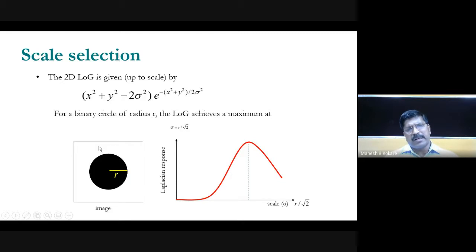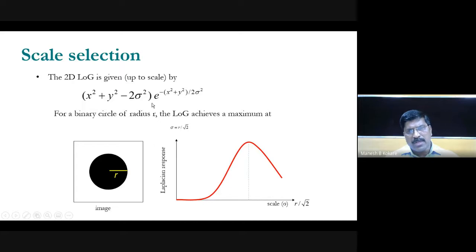The experiment was conducted, and you know that the 2D Laplacian of Gaussian is given by this equation, where x and y are the spatial coordinates and sigma is the standard deviation. Now for the Gaussian kernel, this sigma value will be such that it detects this kind of circle when sigma is equal to r by root 2.